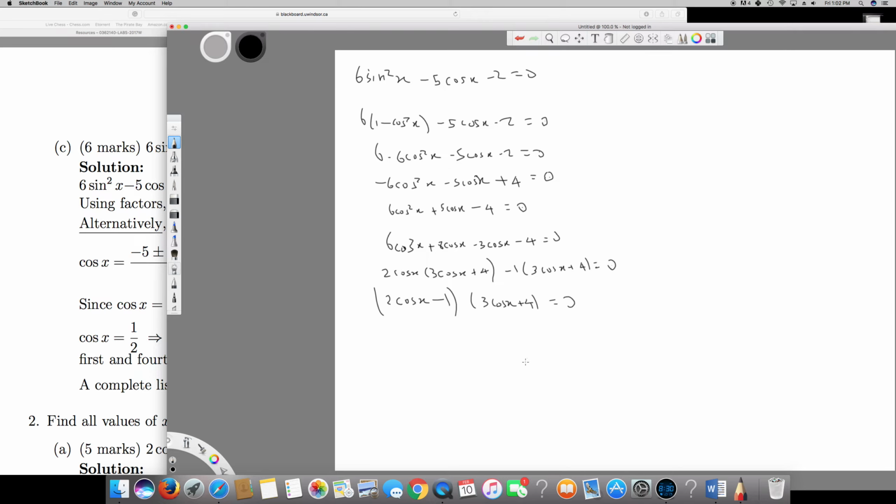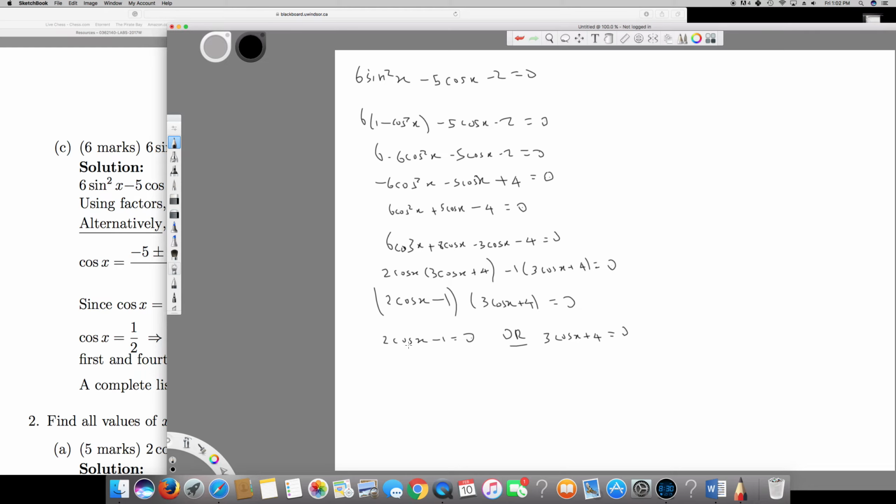Now I have to find the cos value, so I equalize each one to 0. 2 cos x minus 1 is equal to 0, or 3 cos x plus 4 is equal to 0.